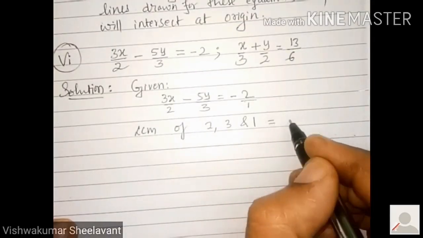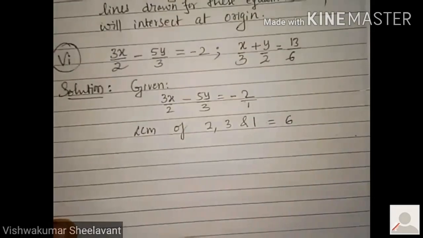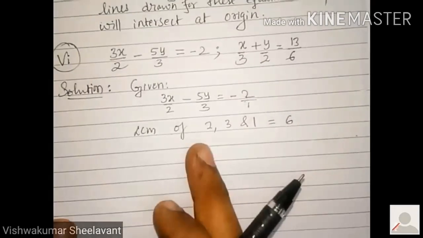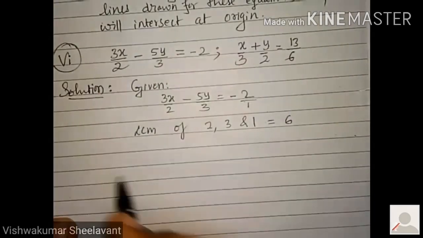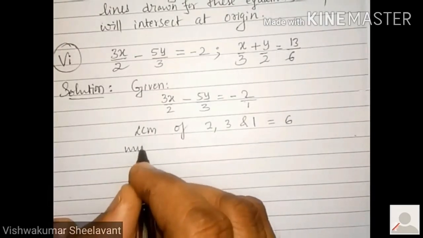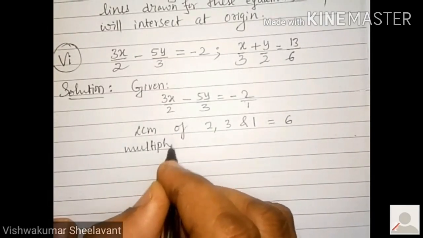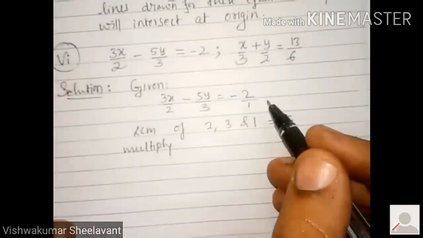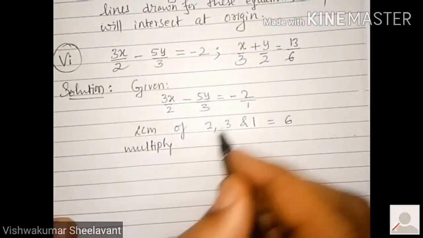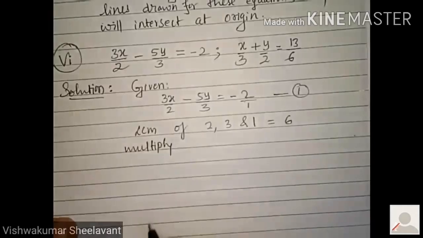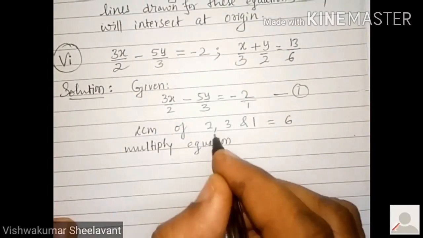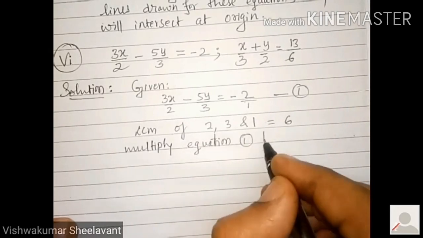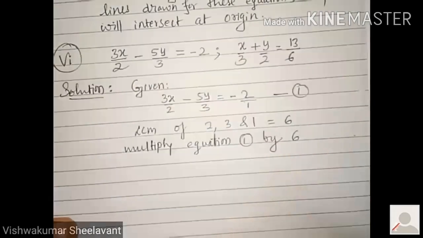And that is equal to 6. 2 3s are 6. Is it right? So you get 6. Multiply this, equation 1 for us, equation 1 by 6.